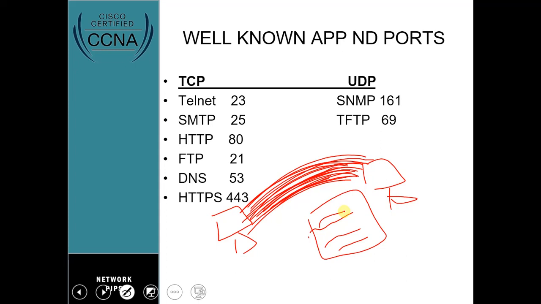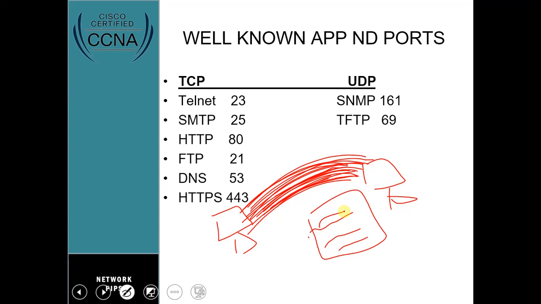Then SMTP, which is a mail transport protocol, is also a TCP type of protocol and is going to have a port number of 25. The HTTP application also has port number 80, and is going to be TCP.